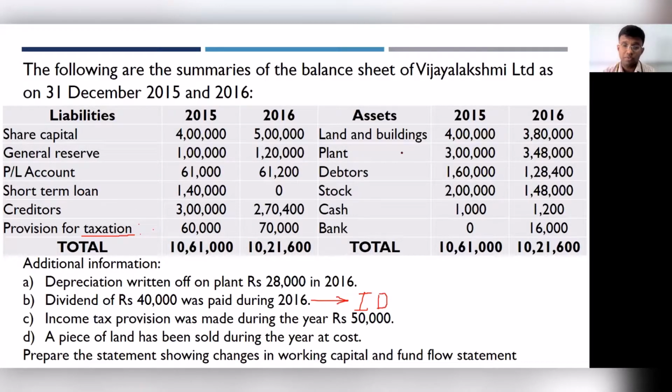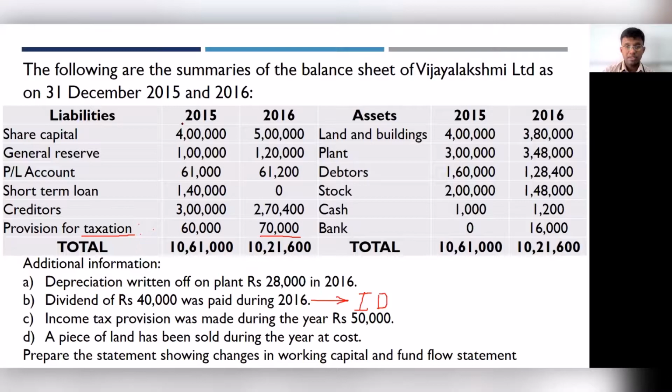So for this also, we will have to prepare a ledger account. In total, we will have to open 3 ledger accounts: a ledger account for plant, a ledger account for provision for taxation, and a ledger account for land and building.